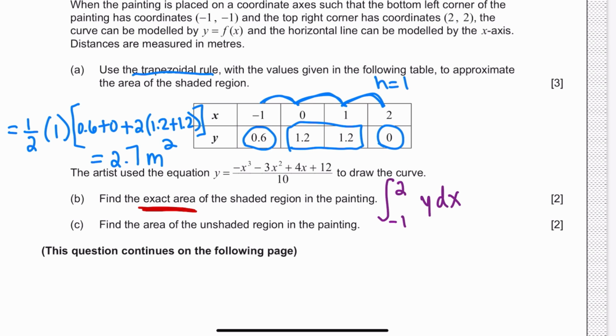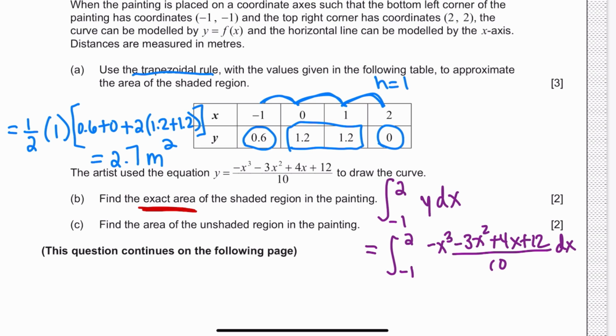So in the calculator, you're going to have to go to math 9 to put in the integral so that you put in all this information. Basically, you want to find the integral from -1 to 2 of this entire equation, (-x cubed minus 3x squared plus 4x plus 12) all over 10 dx. Don't forget the dx, very important because that means with respect to x.